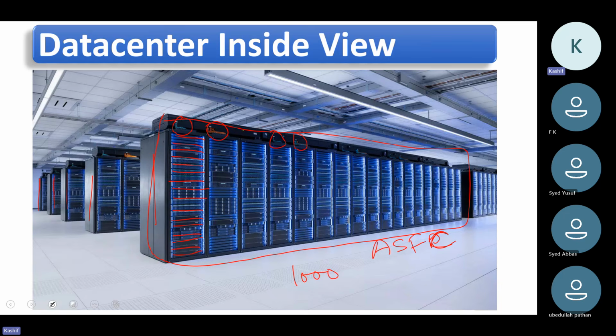Let's assume 1000. It's not a real number, but many containers combined together are called a cluster. So 1000 containers, for example, is called one service fabric cluster. So in that cluster, you will have 1000.